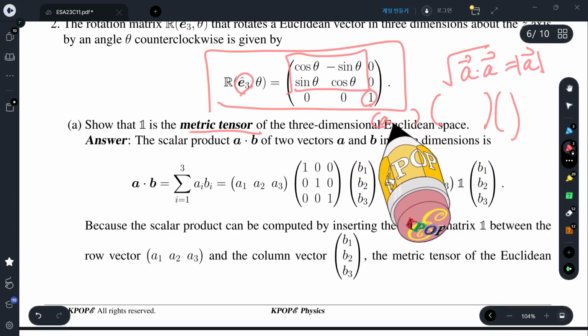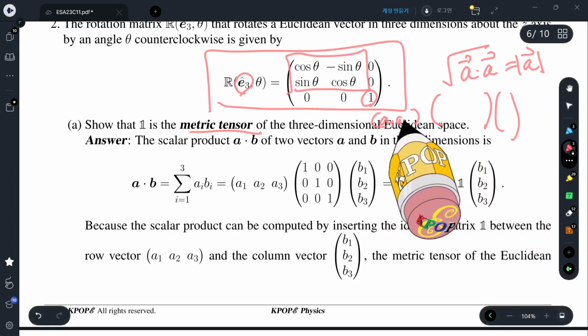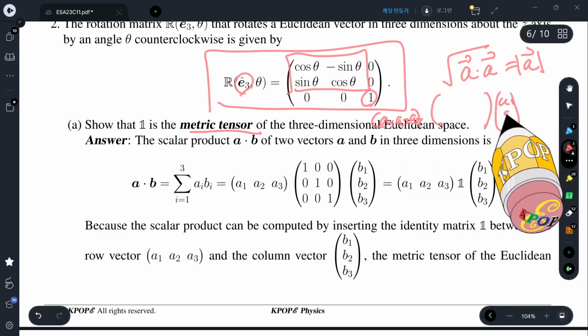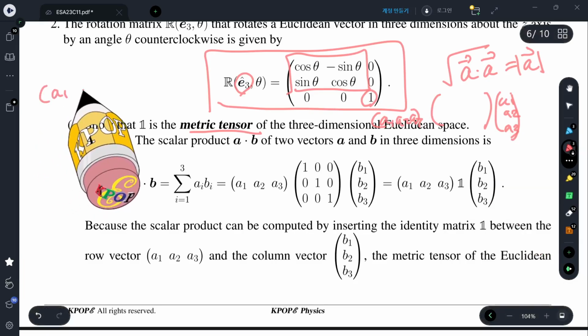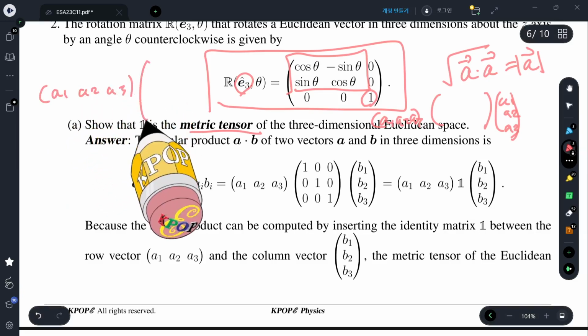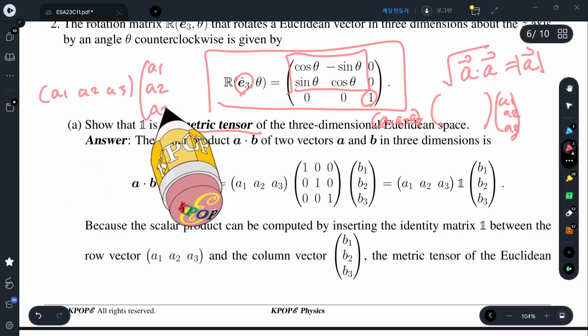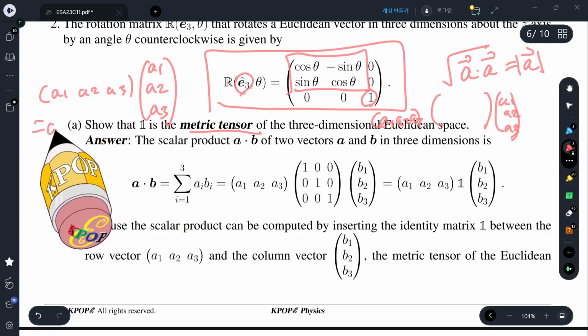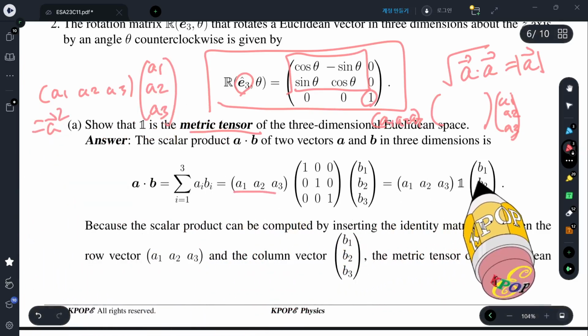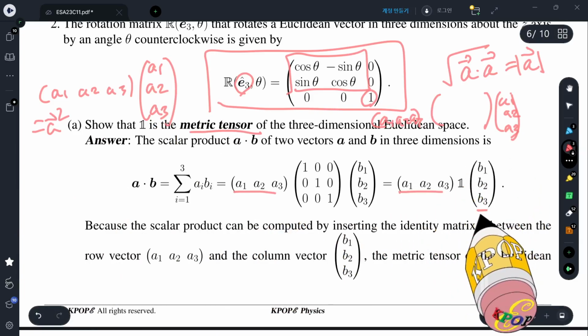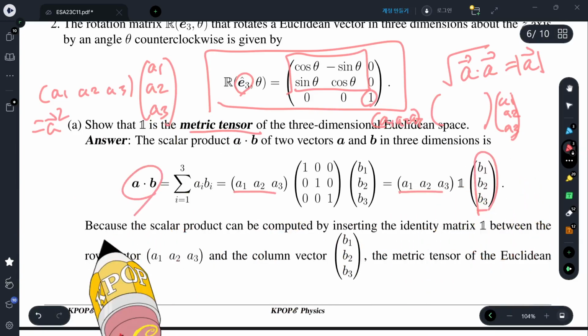So A1, A2, A3 as a row, and A1, A2, A3 as a column. In Euclidean space, if I introduce Cartesian components, it's nothing but this to obtain the square of a vector. In a similar manner, I can multiply these two to compute the scalar product of any two vectors.